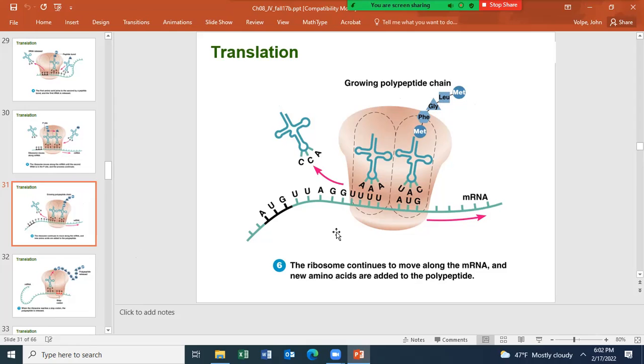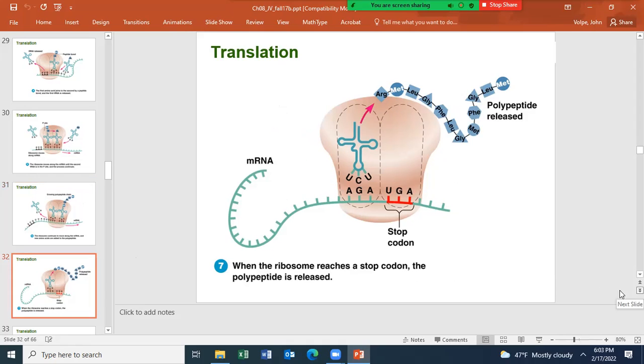This process will continue as the ribosome moves down the messenger RNA by one codon, moving the second position to the first position. And of course, the tRNA of the first position comes out. And then that'll allow another tRNA to come in and bring in the correct amino acid. This will continue until the ribosome reaches the stop codon.